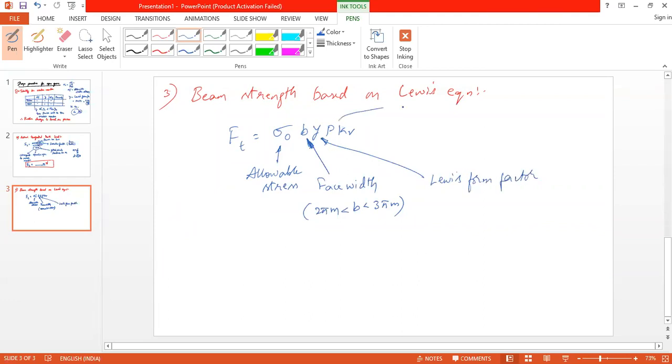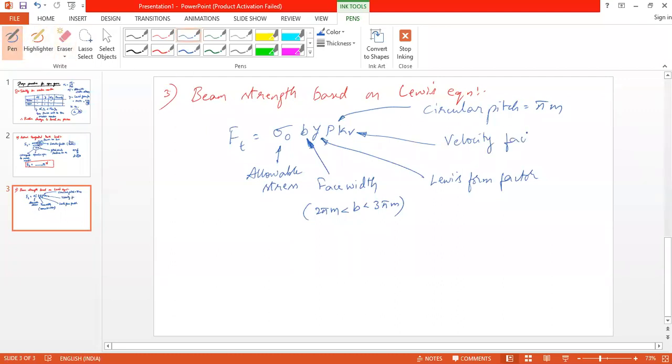And what is p? It is not power, it is the circular pitch, which is equal to pi m. And what is Kv? It is the velocity factor, which we find from the pitch line velocity V, which is pi d n by 60.